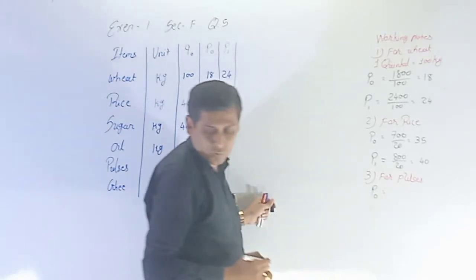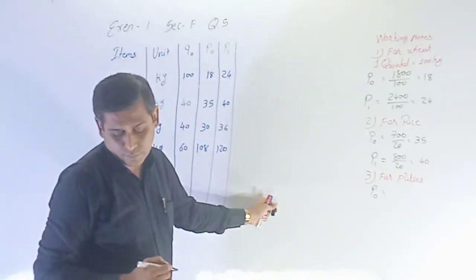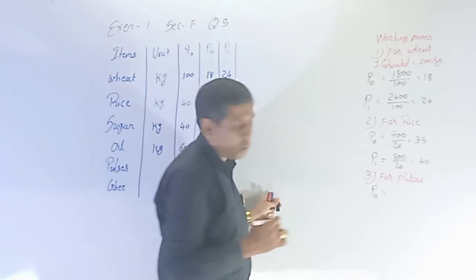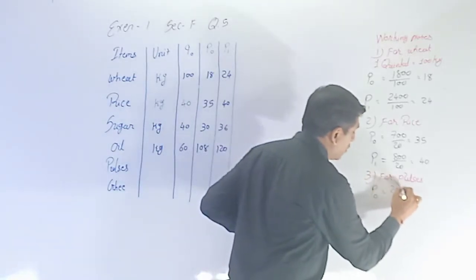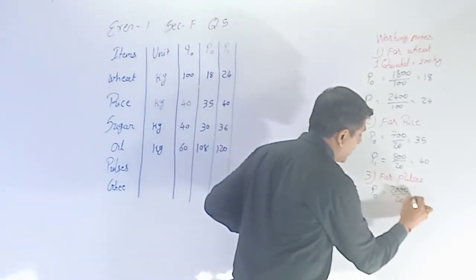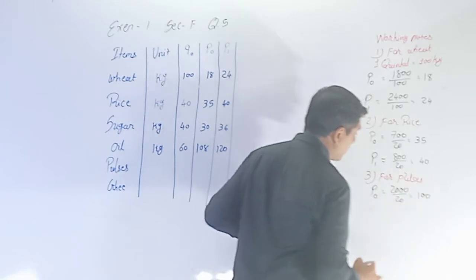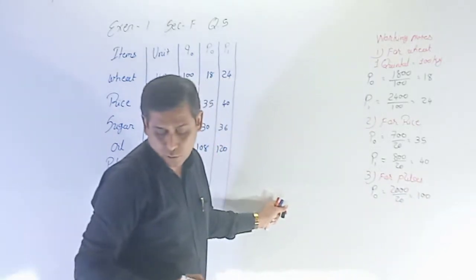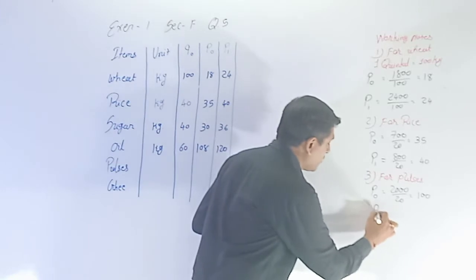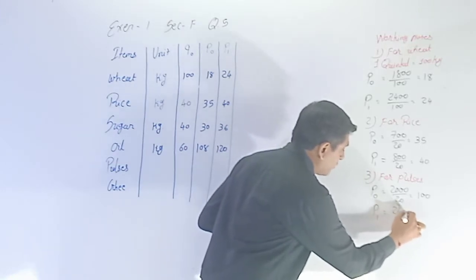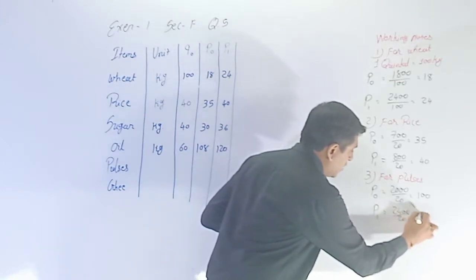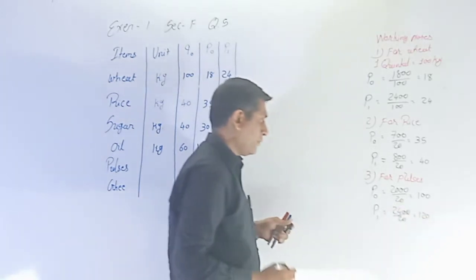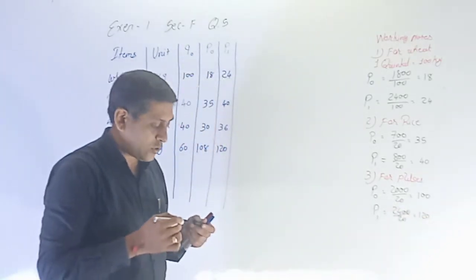P0 is equal to, what is the price of pulses? Pulses is 2000 divided by 20, so 100, then 2400 for the price of the current year divided by 20, so 120.